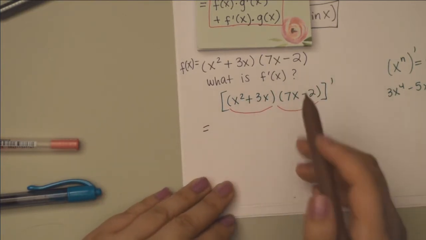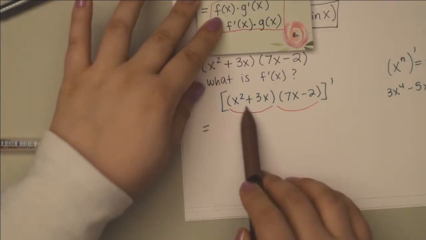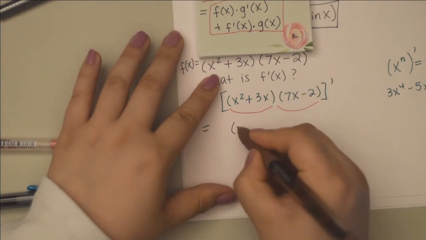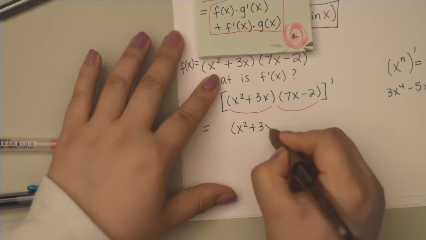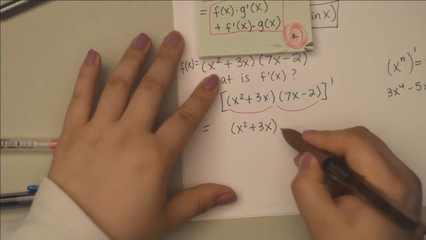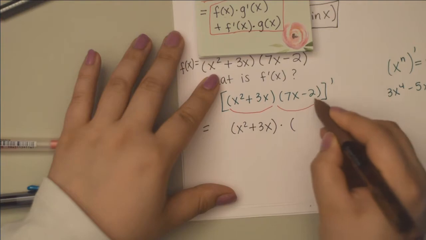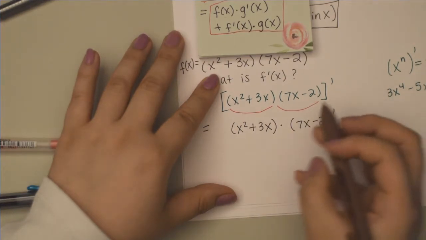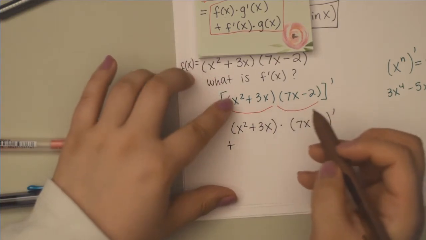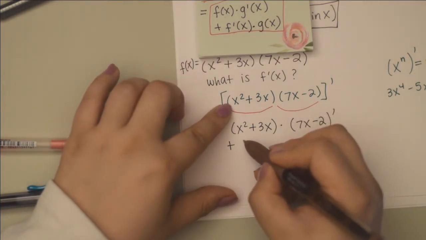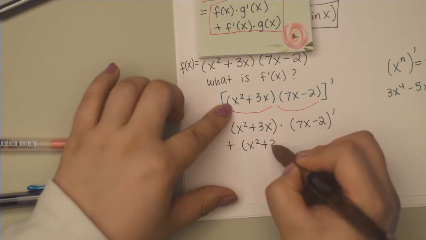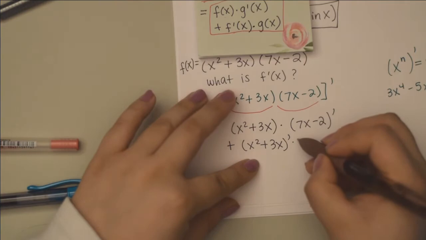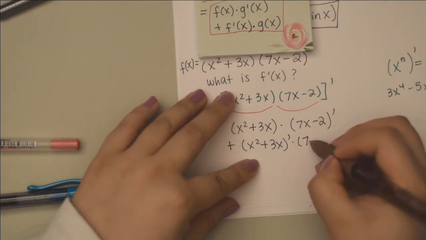So basically, I keep this first thing, that's my f of x, and then I take the derivative of the second one, and then I add the derivative of the first one, and then I multiply that by just keeping the second.